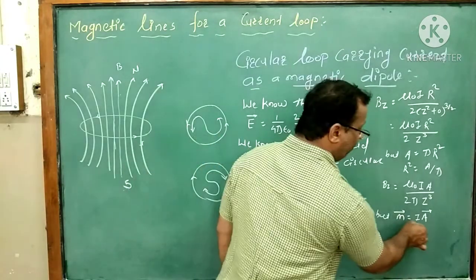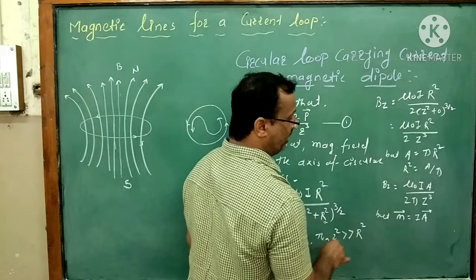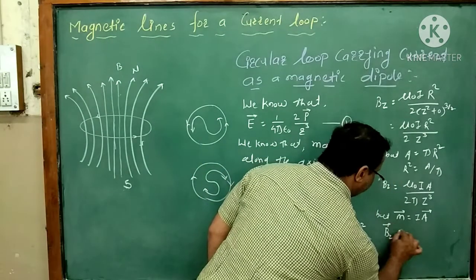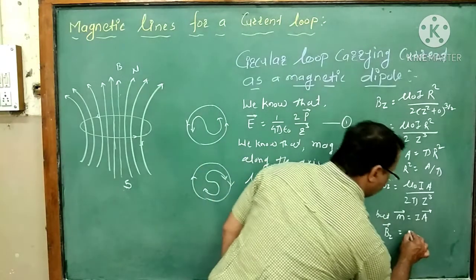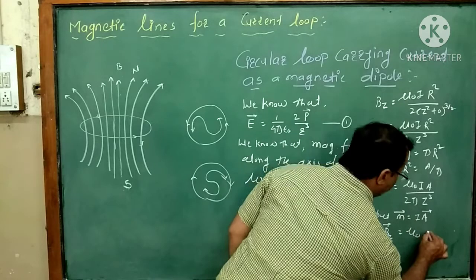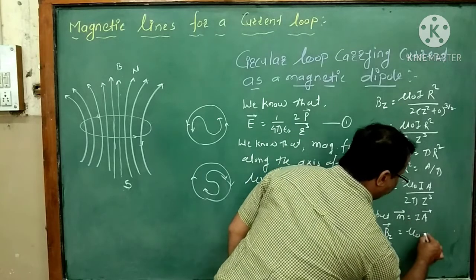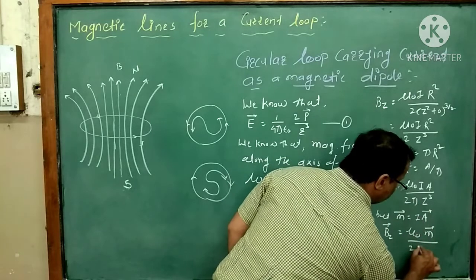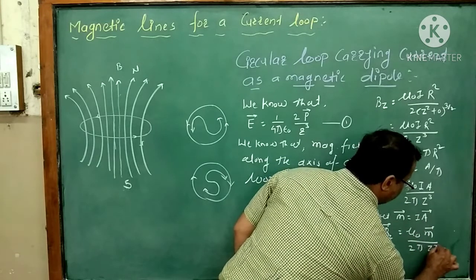Now if we substitute this in terms of the vector, Bz is equal to mu 0 instead of IA, we substitute vector M, upon 2 pi z cube.